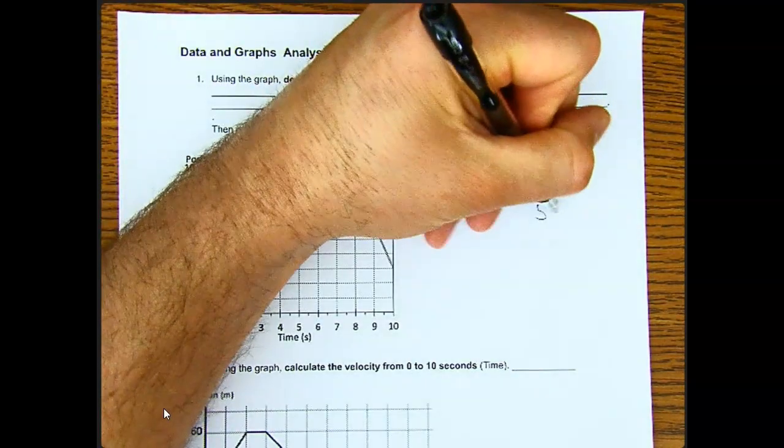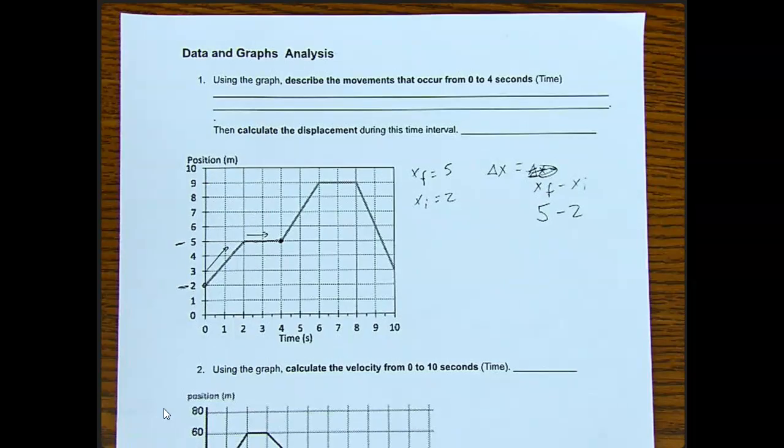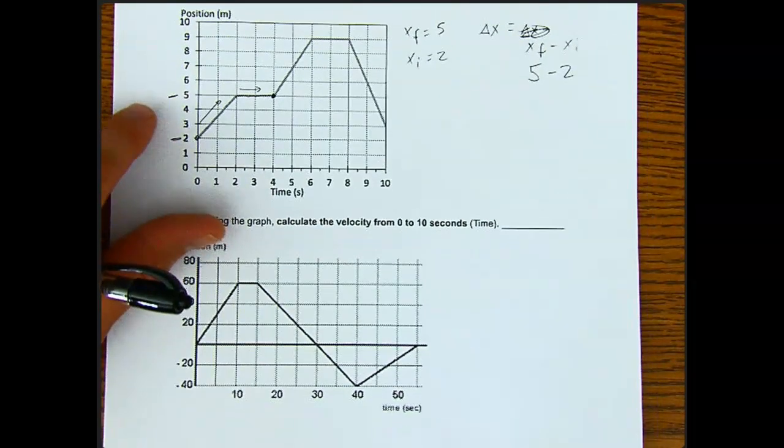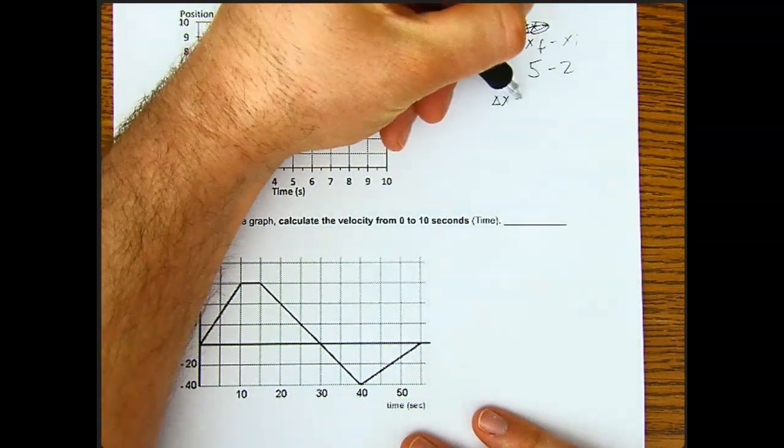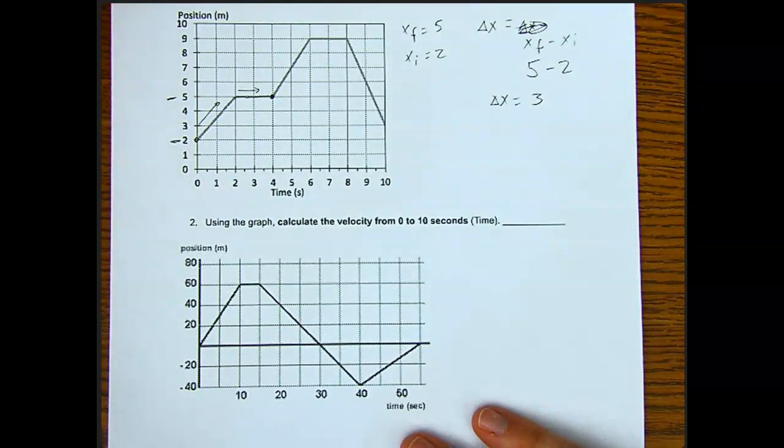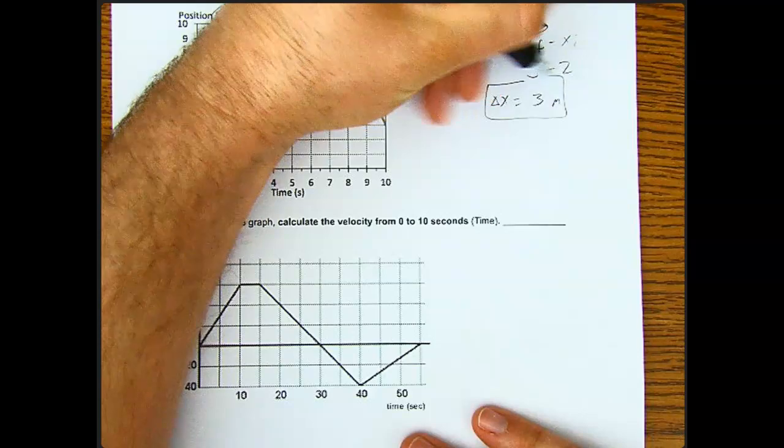So I would do 5 minus 2. So displacement would be 3. And it looks like the position here is in meters, so my units would be 3 meters.